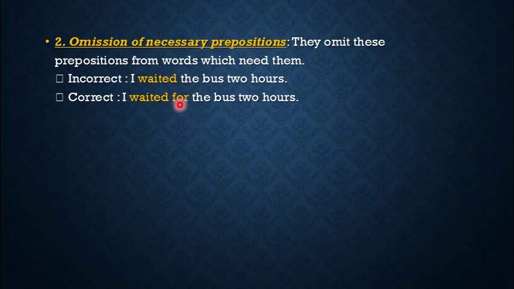The verb "wait" requires a preposition after it in this kind of sentence. I waited for something, or I wait for you, right? In Arabic we say أنا أنتظرك, لقد انتظرتك, right?